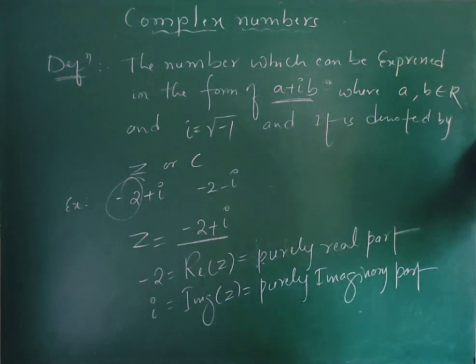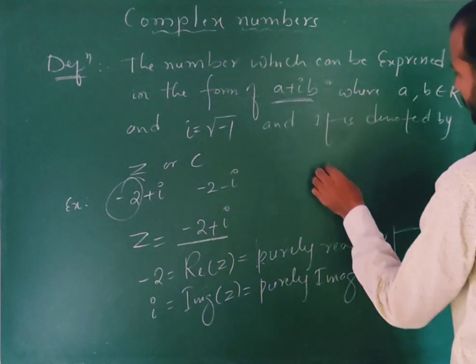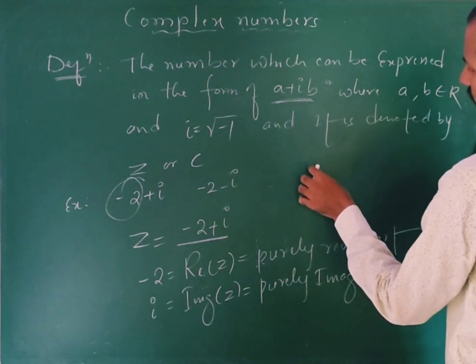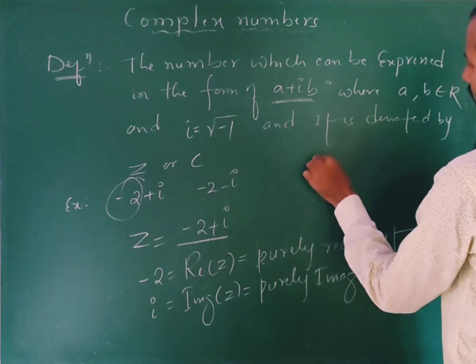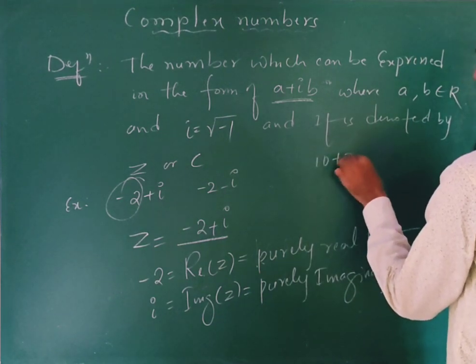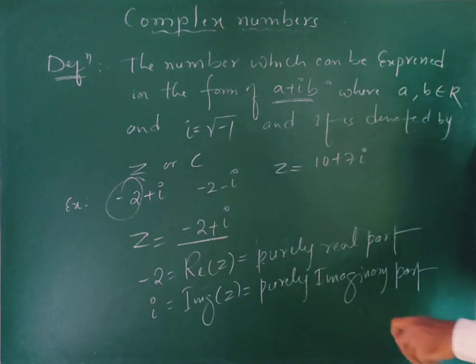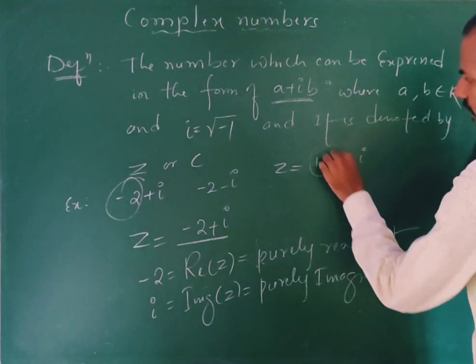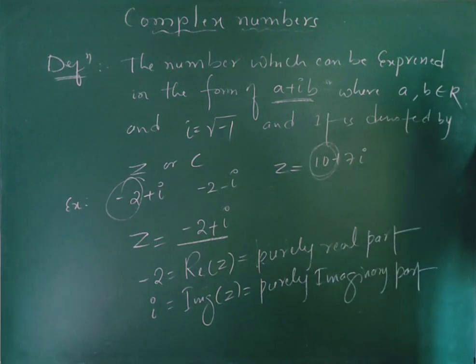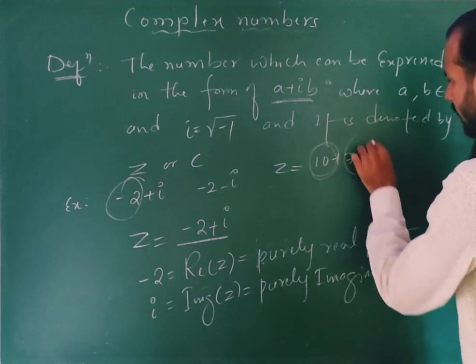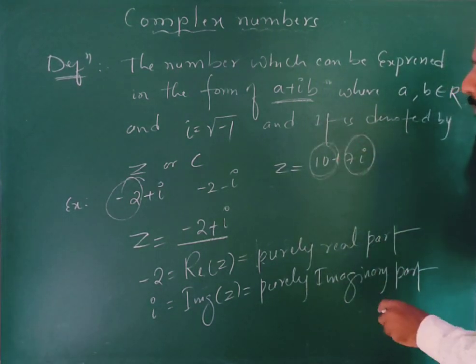Or similarly, you can take another example: 10 plus 7i, right? Here Z equals 10 plus 7i, where 10 is purely real part, whereas 7i is purely imaginary part.